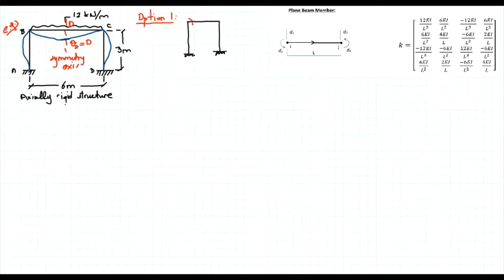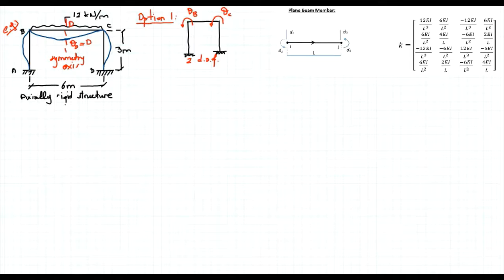So I have a rotation here, this is my first degree of freedom, theta b, and a rotation here, theta c. I will perform the classical stiffness solution by using 2 degrees of freedom. And at the end of the solution, I expect to see theta b is equal to theta c.